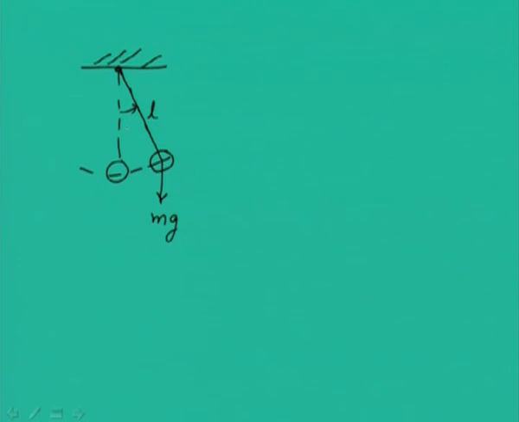This is the angular position of the pendulum. If we take the component of this mass in the direction of the cord, because we know this angle is theta, this will be mg cos theta, and perpendicular to this, that is tangential to the path, will be mg sin theta.